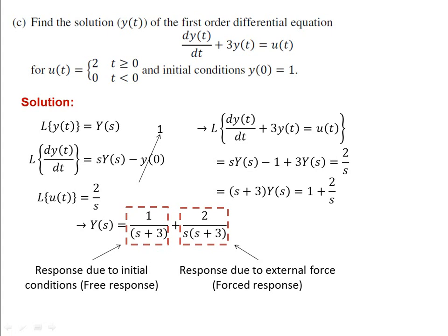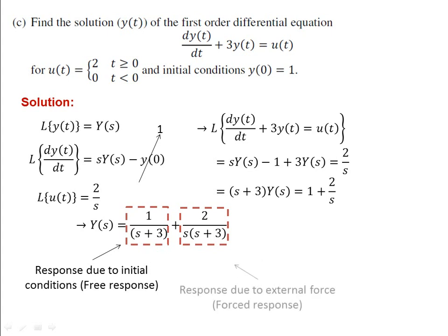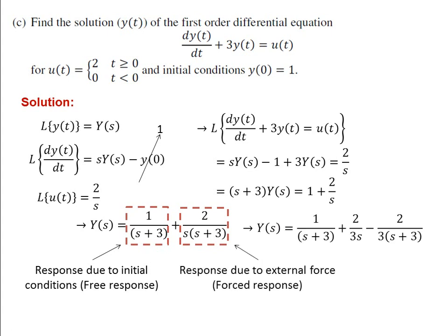If you solve these equations, your time response will be composed of the inverse Laplace transform of these two fractions. To solve this, I need to use partial fractions for the second, forced response. After applying partial fractions, Y(s) will be equal to 1 over s plus 3 plus 2 over 3s minus 2 over 3(s plus 3).